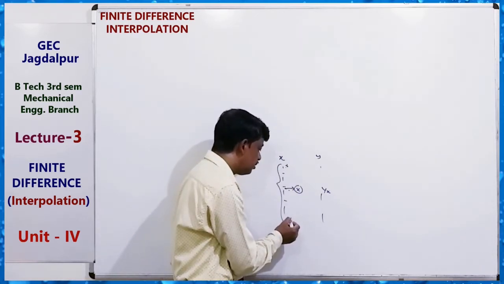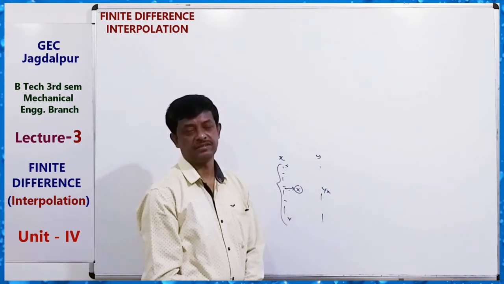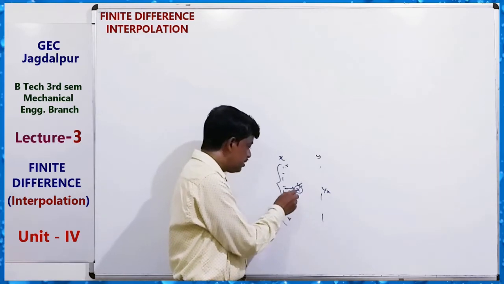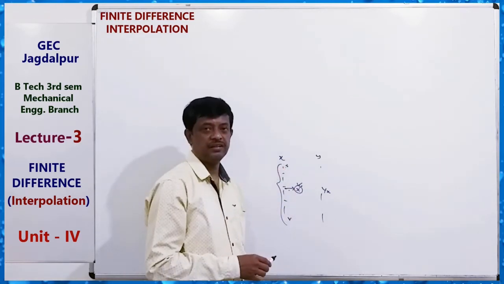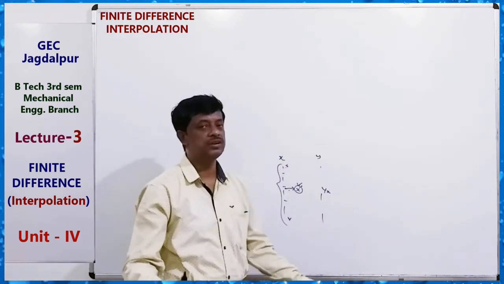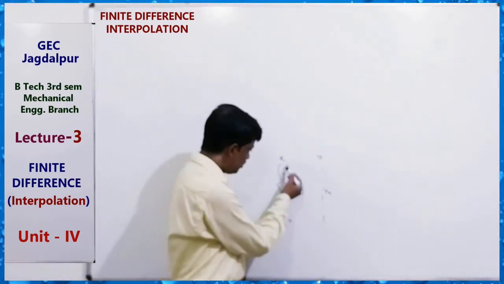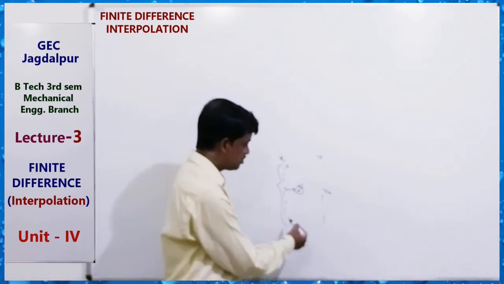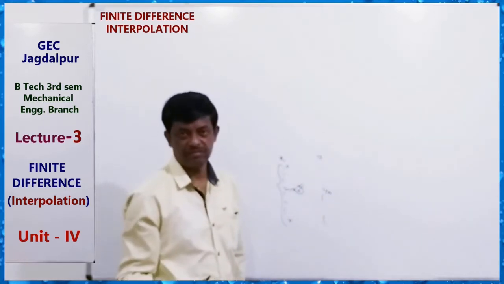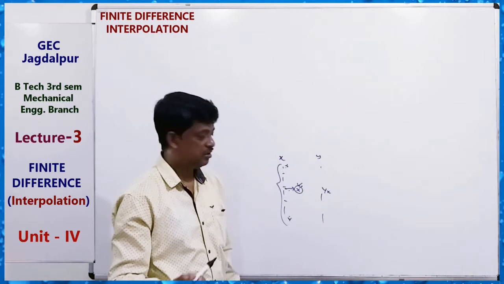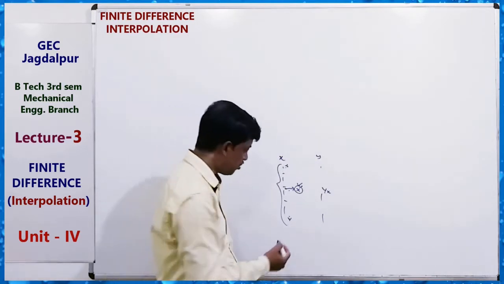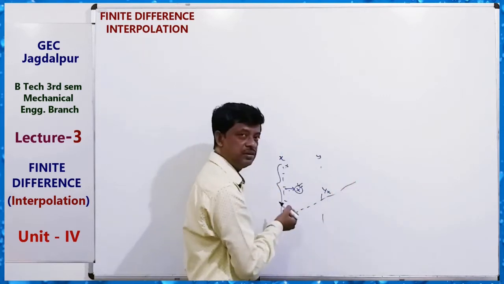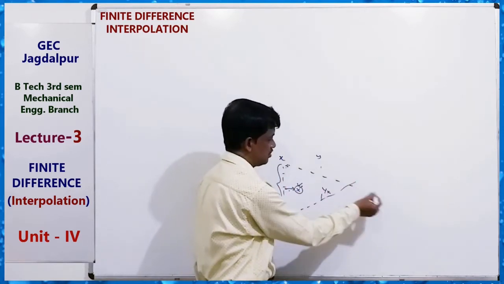If the targeted value lies in the beginning, then generally we use the forward interpolation formula. If it lies in the end of the table, then we use the backward interpolation formula, which depends on backward differences, because backward differences are leading differences like this and forward differences are like this.